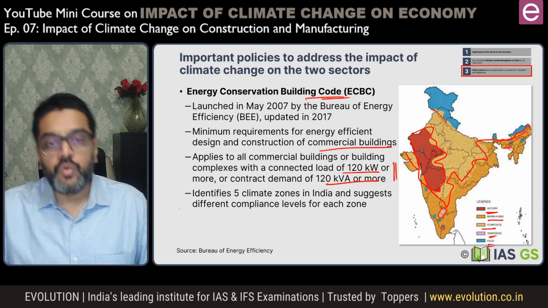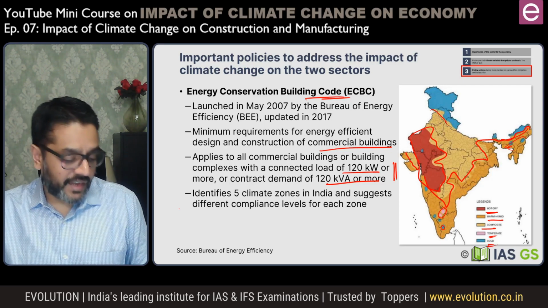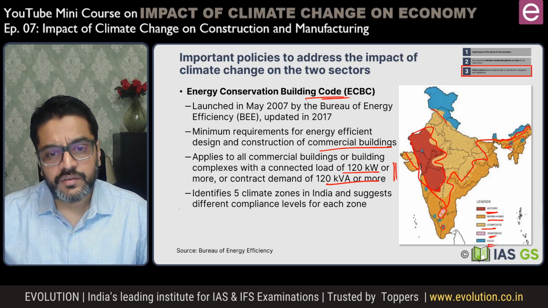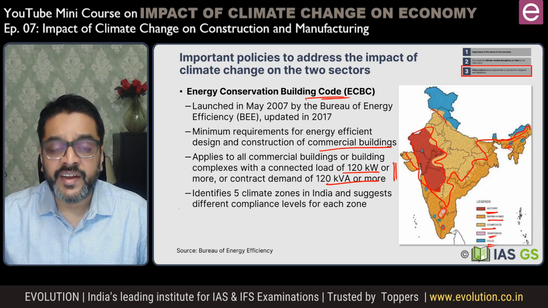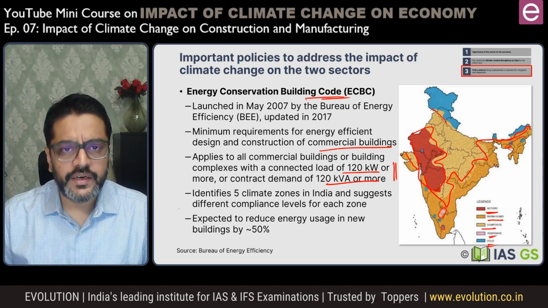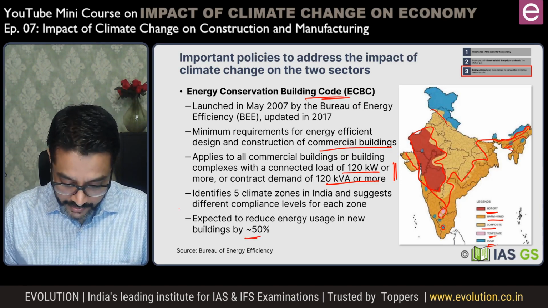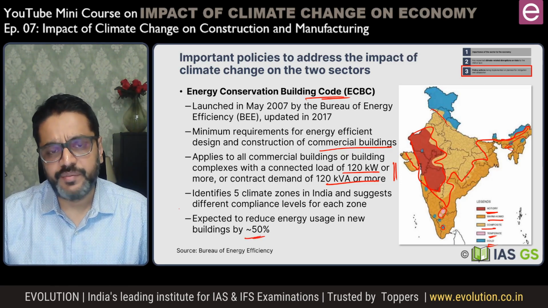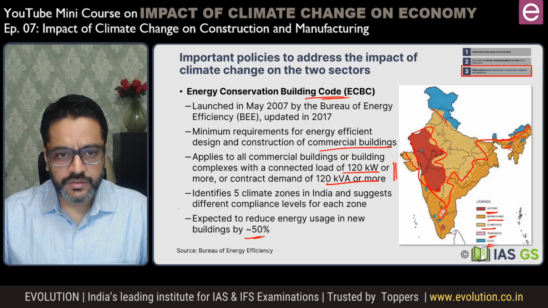These are called the cold zones. So for each different kind of zone, different levels of building standards have been defined that have to be followed by developers of commercial buildings, right? And by this standard, the aim is to reduce the energy use in new buildings by around 50% from current levels, right? So this is one example.